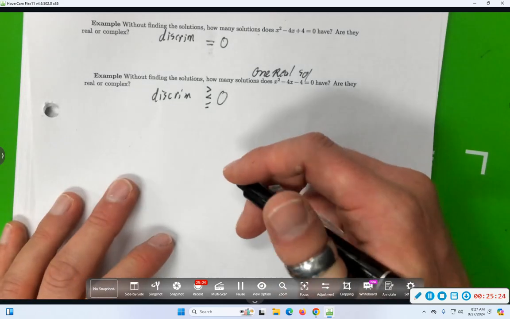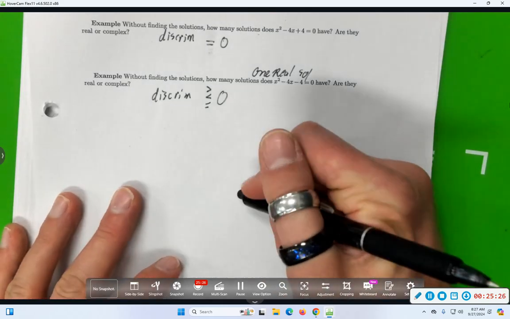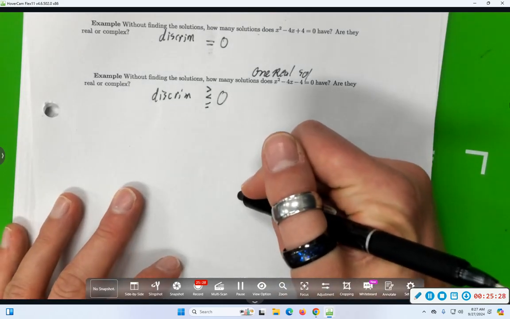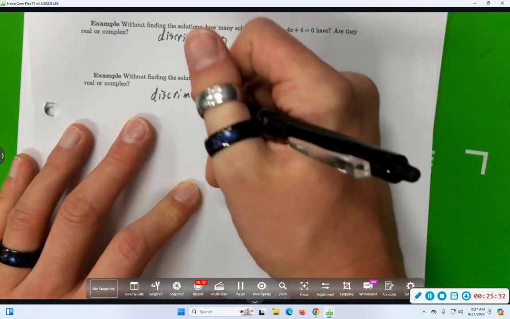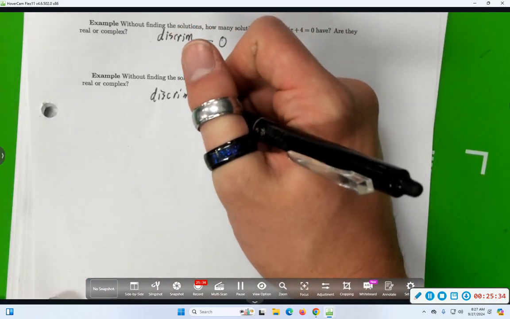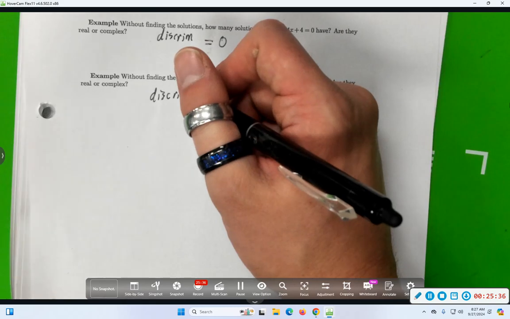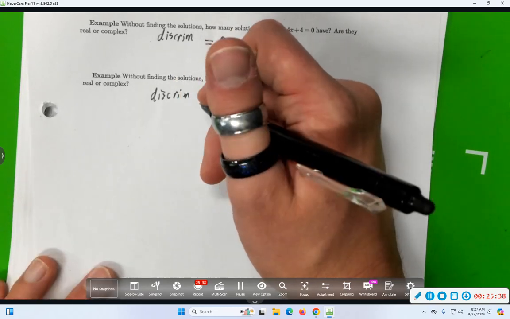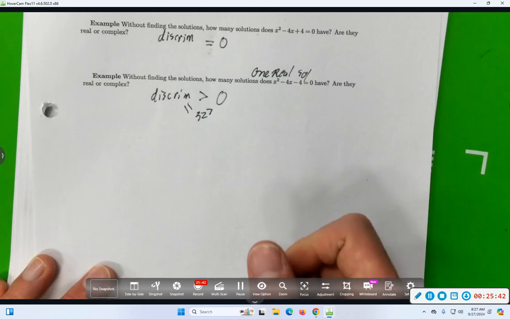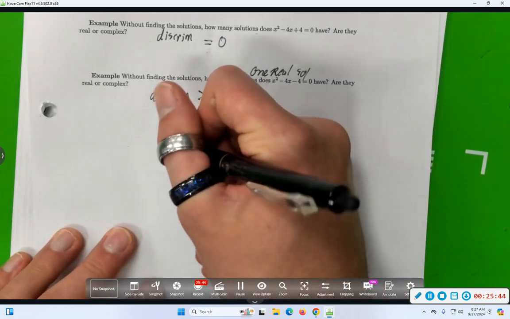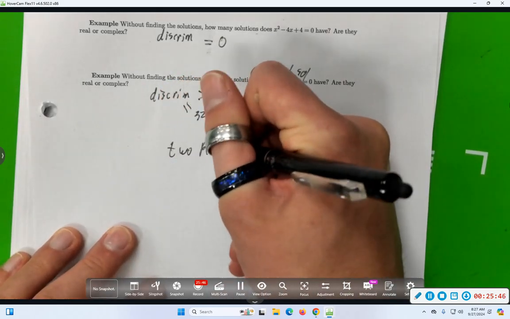How did it work out? It's greater than 0. And people found that by actually computing it and saying exactly what number it is. Cool. What number did it work out to be? That is definitely bigger than 0. Nice. So, two real solutions.